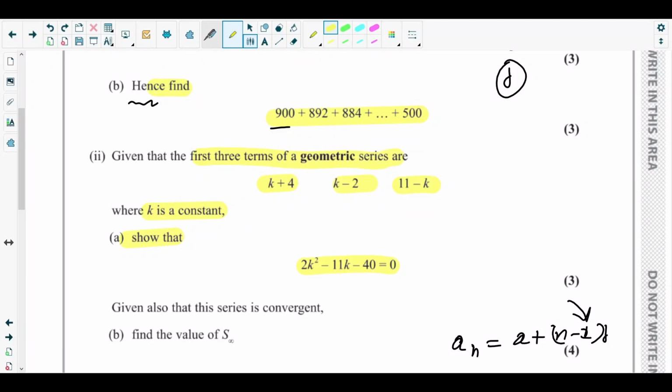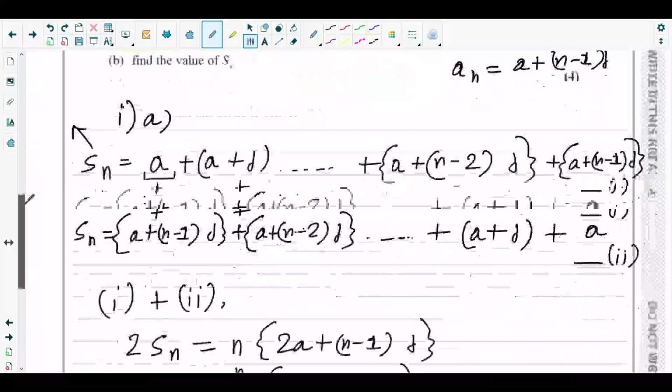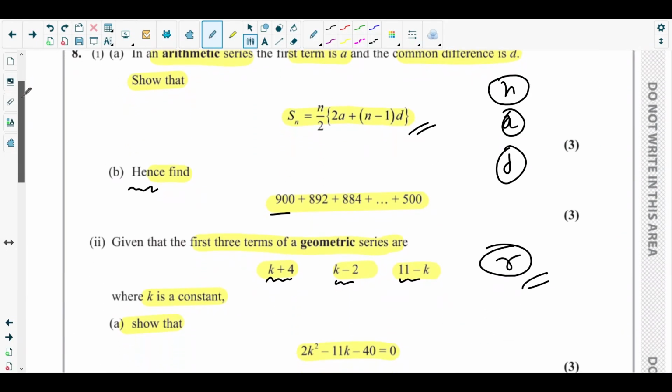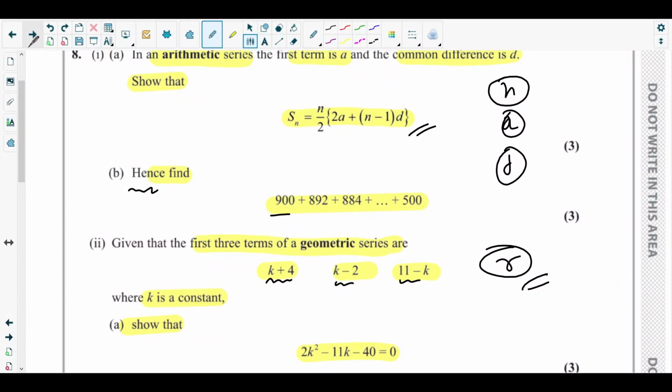Since the given series is a geometric series, definitely it has a common ratio, isn't it? So for the common ratio, the ratio of the second term and the first term will be equal to the ratio of the third and the second term.